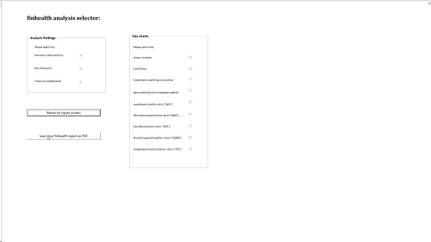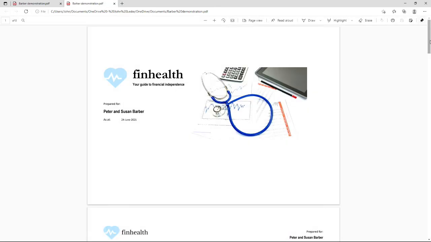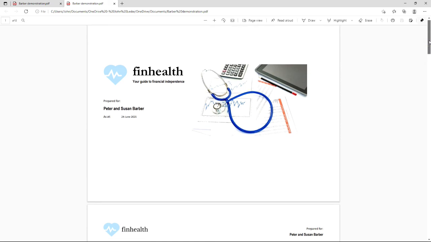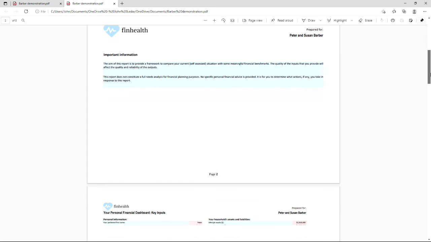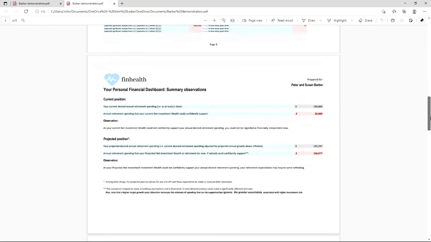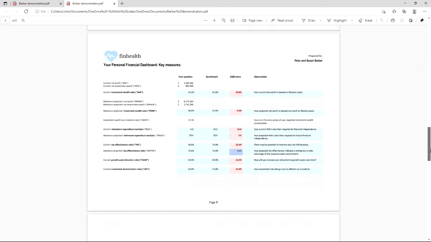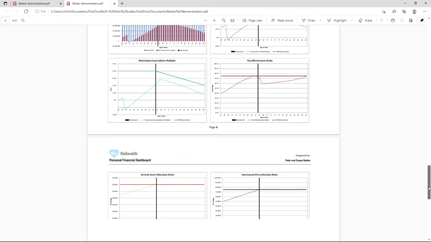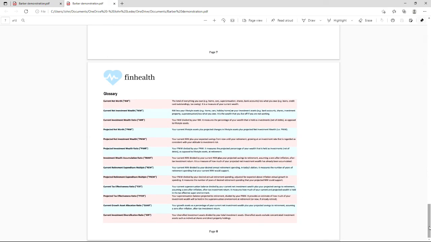To save a copy of a finhealth report as a PDF, press the Save Your finhealth report as PDF button. An 8-page report is produced. It consists of the cover sheet contents, the warning sheet contents, a repeat of the inputs provided, the summary observations report, the key measures report, the personal financial dashboard comprising 2 pages, and a glossary of key terms used in the report.